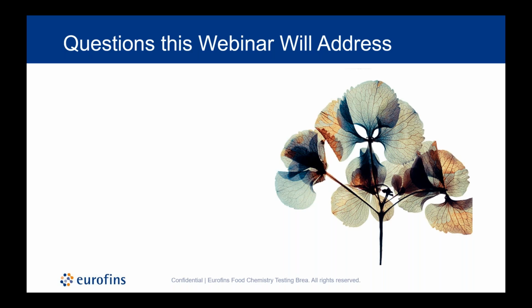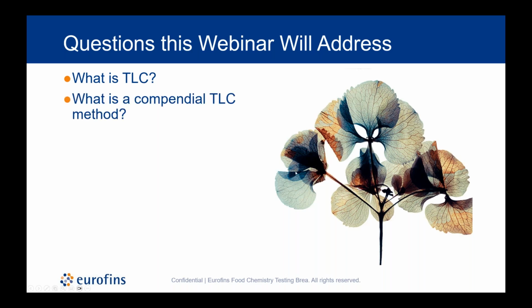So we opened the chat for additional questions, and we just hope to answer some of those questions up front. The first one, what is TLC? Hold on to your seats because we'll get to that one in the next slide if you don't know what that is. What is a compendial TLC method?